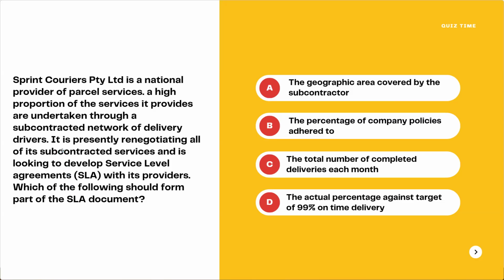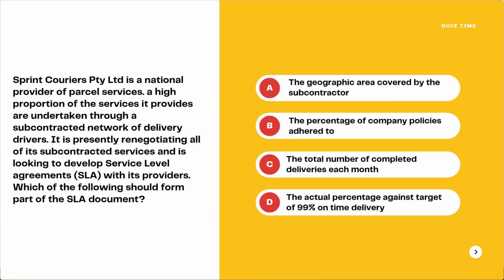So you can see that the question is about what kind of information should be included within an SLA, and we need to look at this question in the full picture. This is about our service, and it is a delivery service, right?